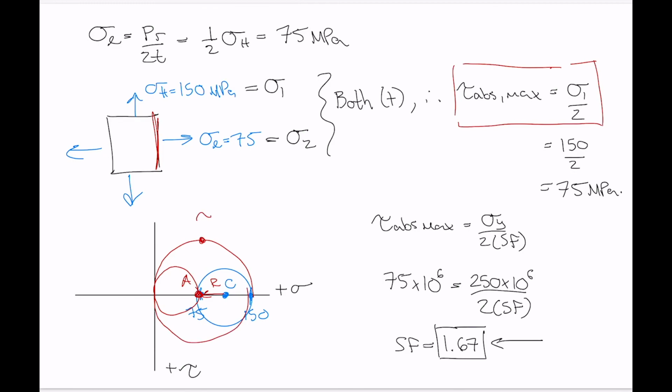So this is that tau abs max that's really hidden from view when you're drawing the normal in-plane element. And again, this only happens where you have a maximum shear stress that's higher than the one you've drawn for your normal in-plane element if both the principal stresses are either positive or negative.